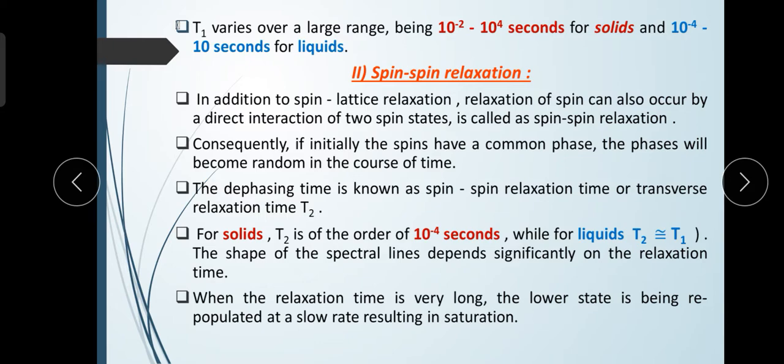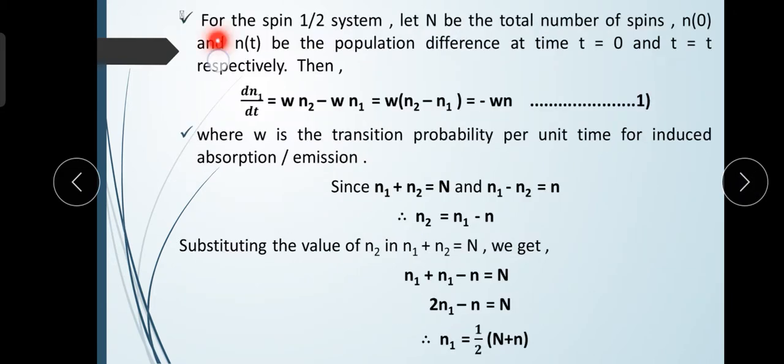And saturation means the number of spins in the upper energy level and the number of spins in the ground energy level may be the same sometimes when the relaxation time is very long, and therefore a small relaxation time is beneficial.